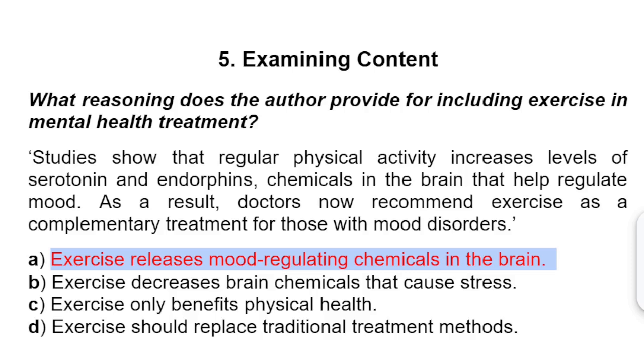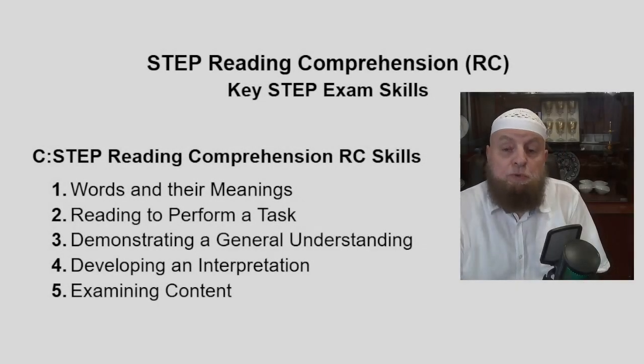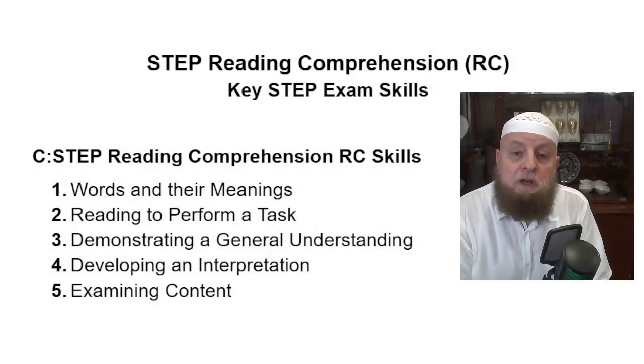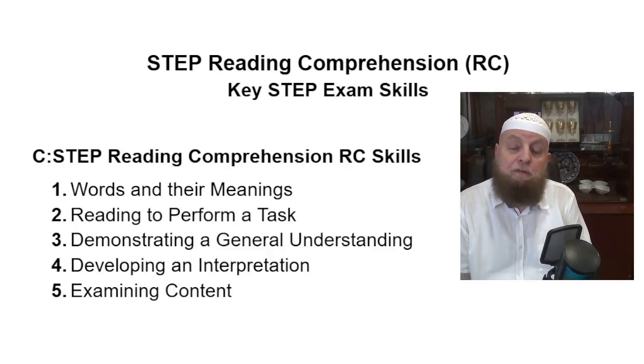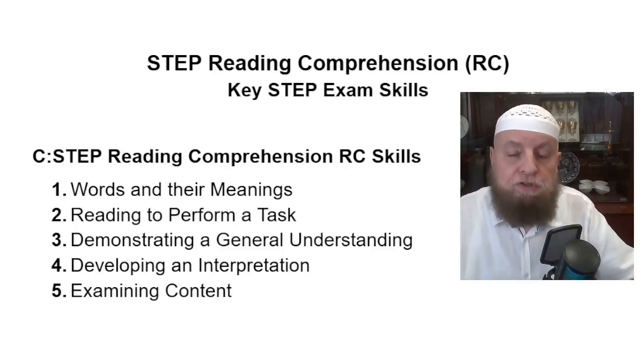Question type 5 or skill 5, examining content, looking for arguments, evidence or persuasive language that helps us understand texts. So in summary, the key skills which are tested in the STEP Reading Comprehension are 5. Number 1, words and their meaning.